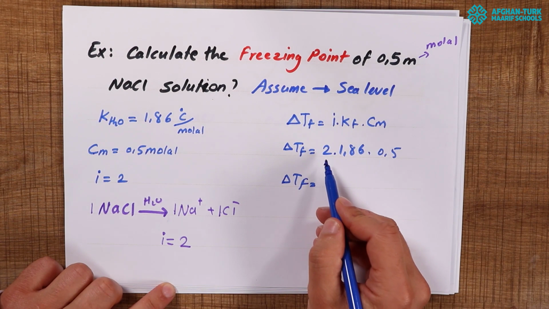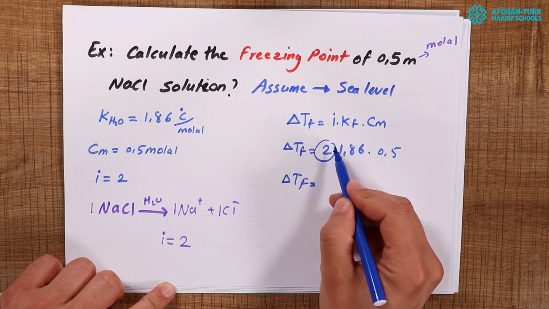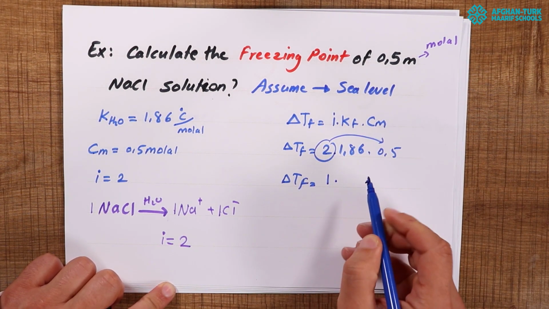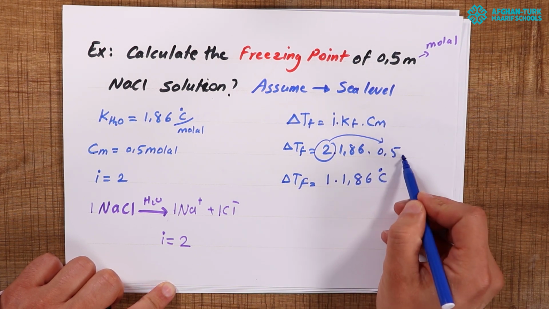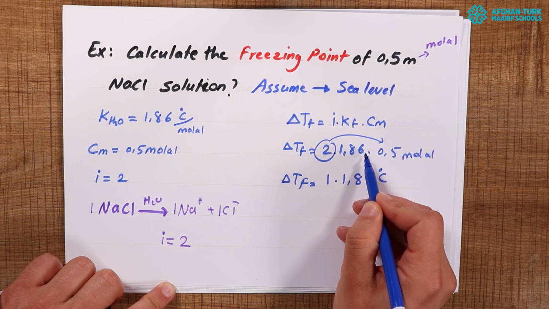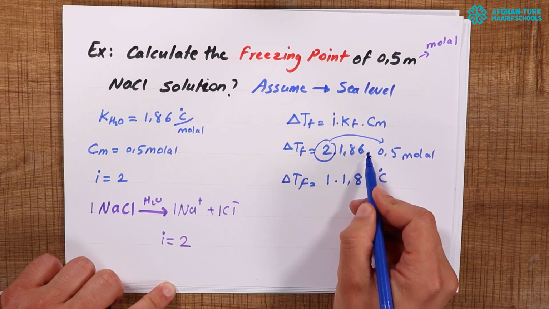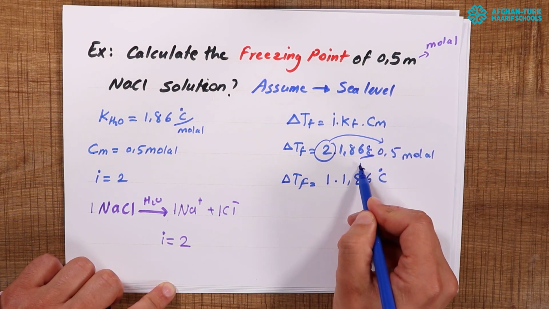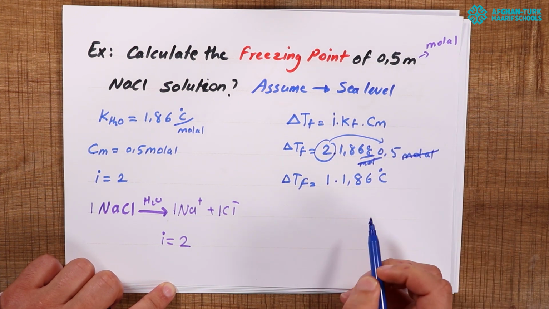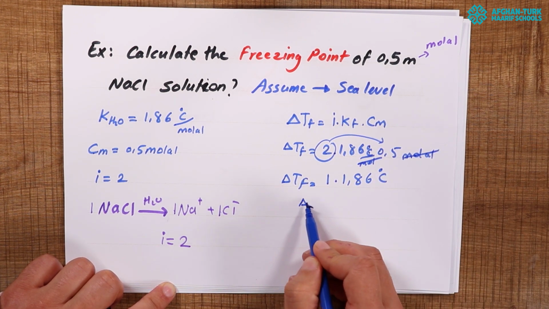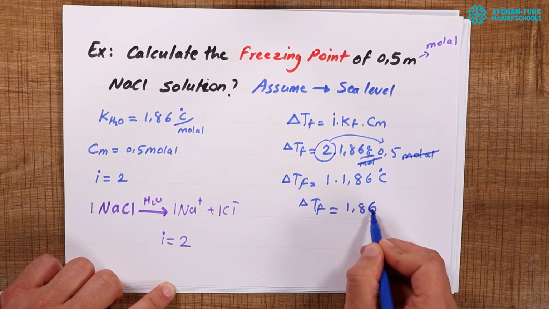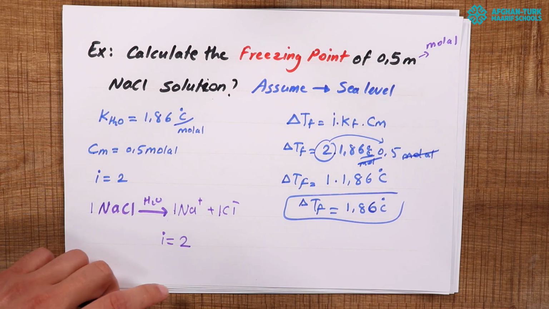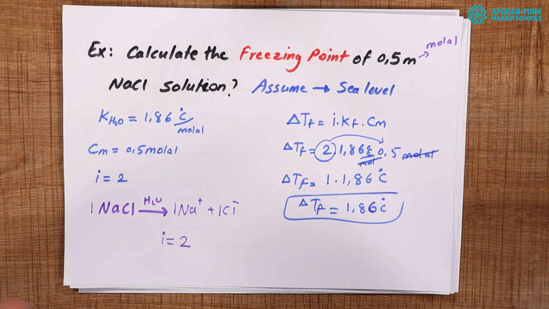ΔTf is equal to 2 times 0.5, which is 1, times 1.86 °C. The unit of the cryoscopic constant was °C per molal, so we can cancel molal with molal. It remains °C. ΔTf is equal to 1.86 °C.